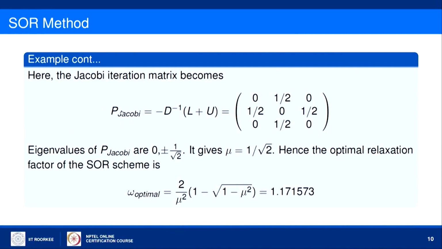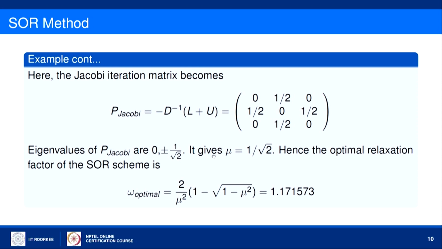So, if I calculate the Jacobi iteration matrix for this problem, it comes out to be minus D inverse into (L plus U), and in this way. The eigenvalues of this matrix are 0, plus 1 upon root 2 and minus 1 upon root 2.